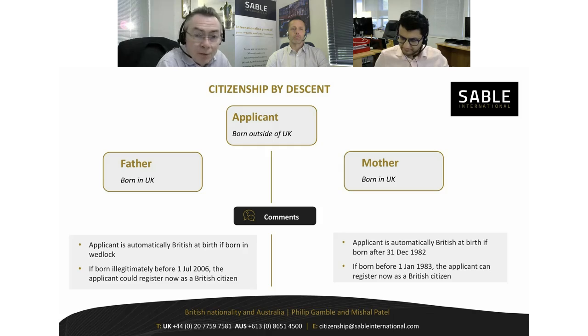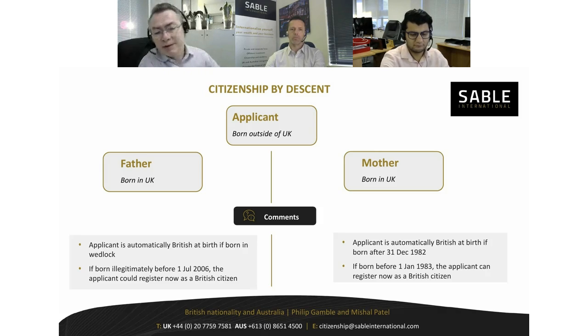If you happen to have been born before that date in the same circumstances, and so you didn't originally acquire citizenship by descent because you were born illegitimately, the law allows you now to make a claim to acquire British nationality through a formal application called registration. So those that were affected by this discrimination in the past can now make claims in the modern day and make applications for citizenship, whether they're born illegitimately or not.